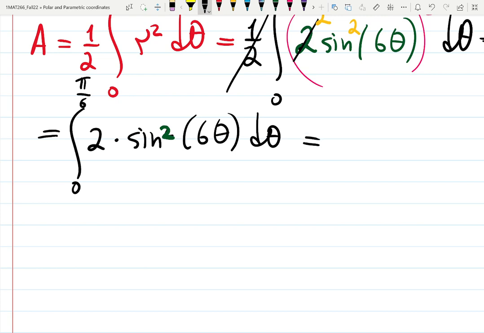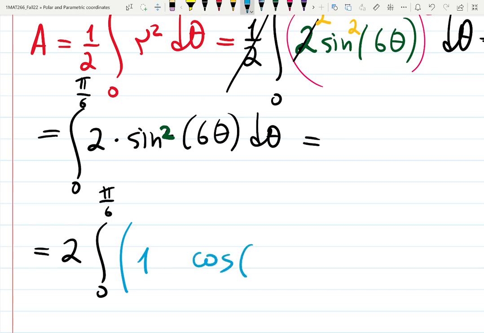So we're using the double angle formula. Let's kick 2 outside, from 0 to pi over 6. Sine squared is 1 minus or plus, I don't remember, cosine double angle 12 theta. It's always cosine. It's 12 theta, over 2.